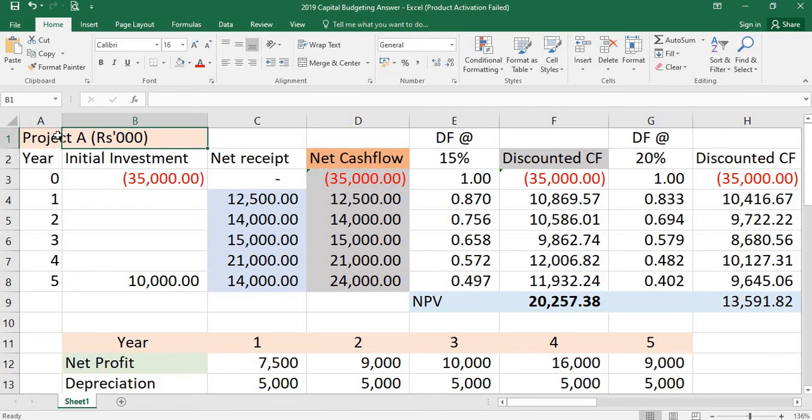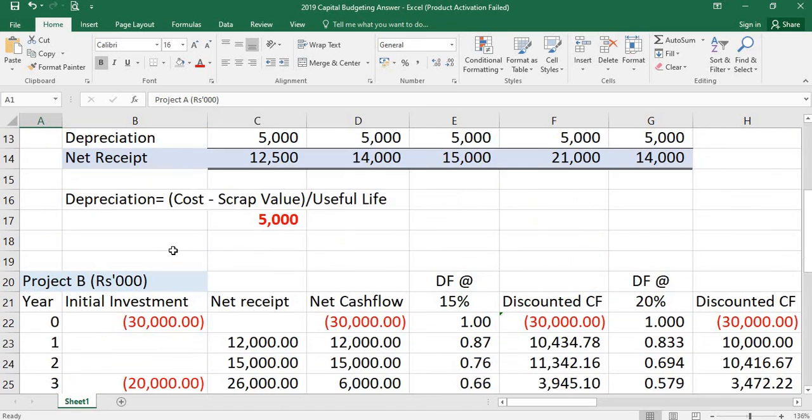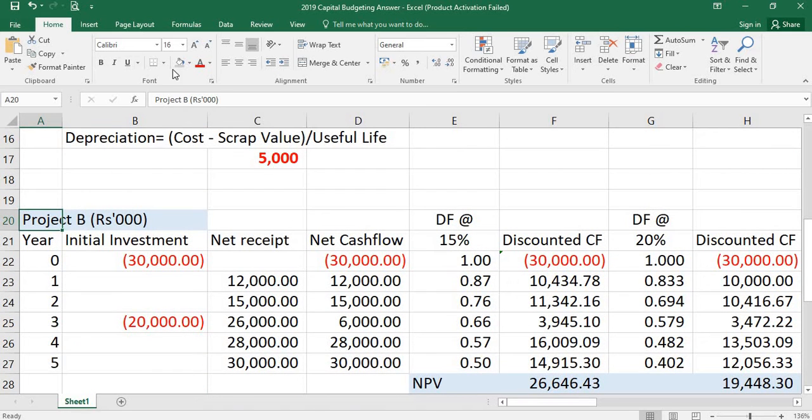This is project A, and this is done. Moving to project B, its initial cash outflow is 30,000, therefore it is a minus value.